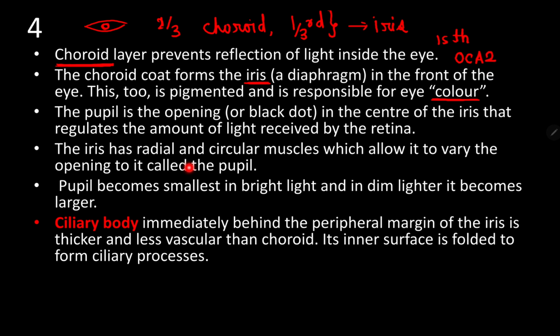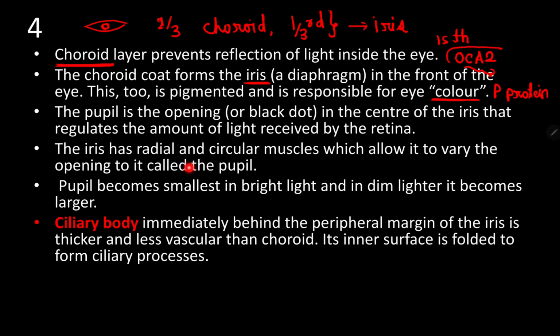This OCA2 gene forms one protein. That protein is called P protein. This P protein is involved in melanosome maturation, and they decide the amount and quality of the melanin pigment stored in that region. Fine.